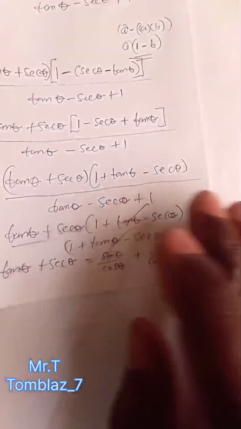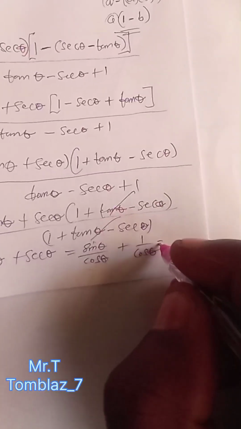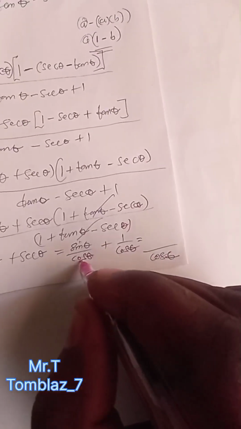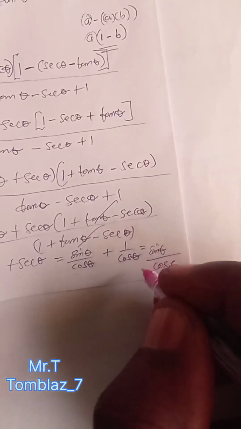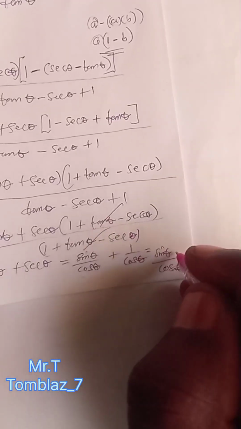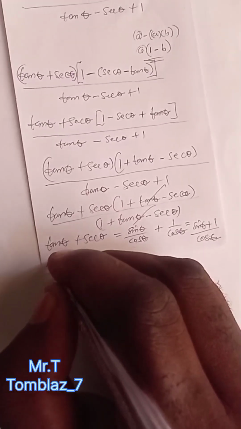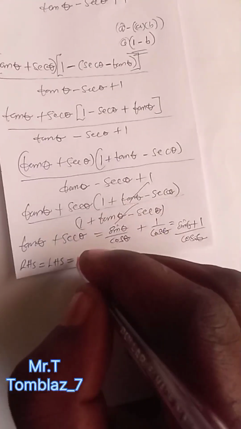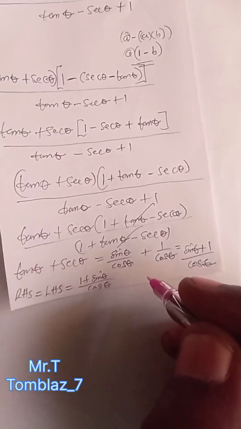Then let's take the LCM, which is cos theta. Cos theta divided by cos theta is 1, and 1 times this gives sine theta. Cos theta divided by cos theta is 1, and 1 times this gives 1. To make it look like the right hand side, we rearrange. Therefore the left hand side is equal to 1 plus sine theta all over cos theta.